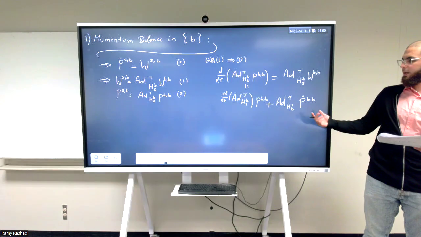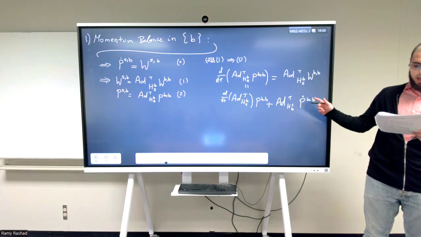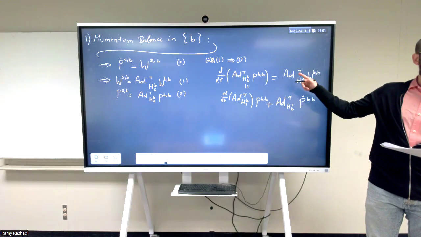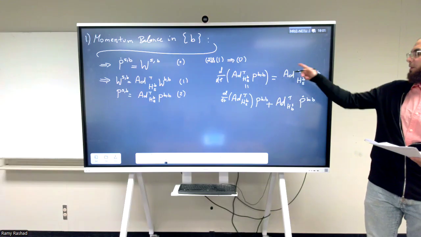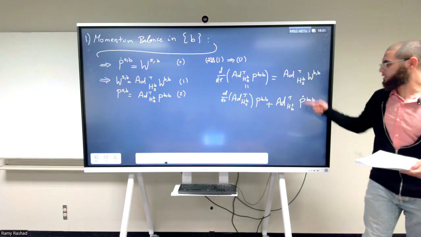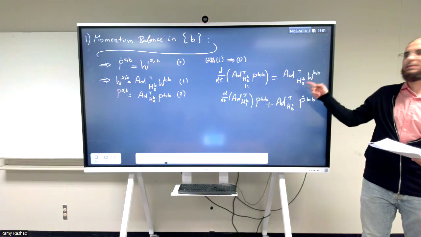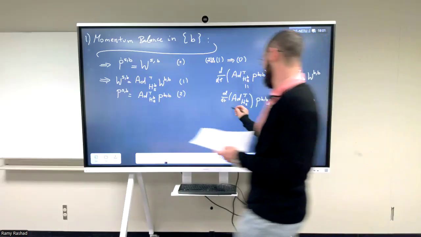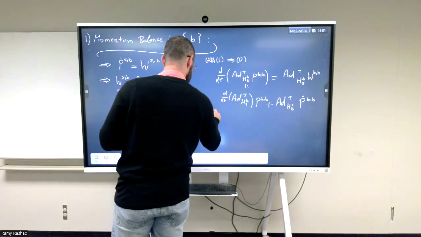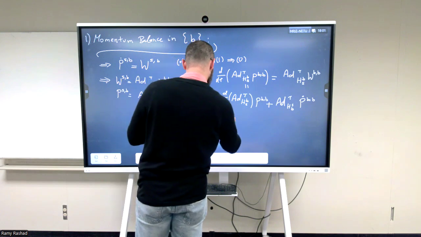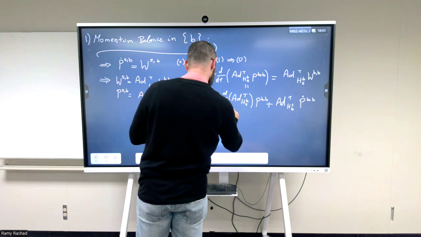But first, what we can do now is multiply both sides by the inverse of this matrix. So we have this expression equal to that expression, and we multiply both sides by the adjoint from S to B, the inverse transpose.